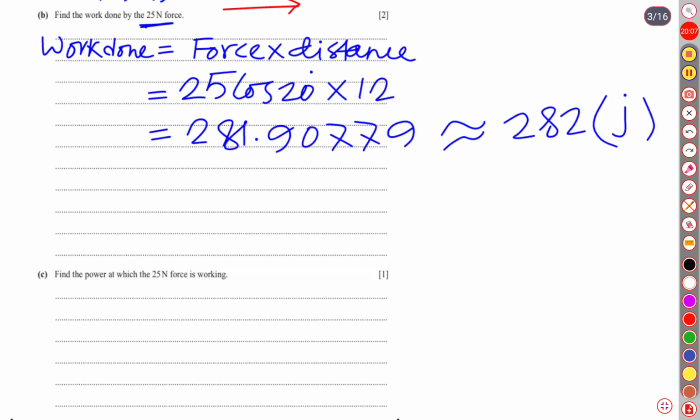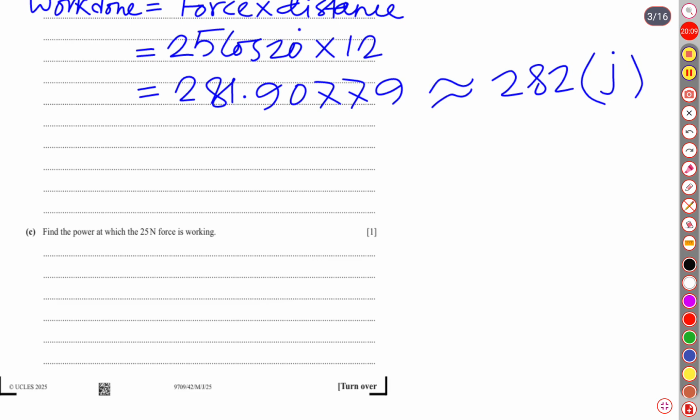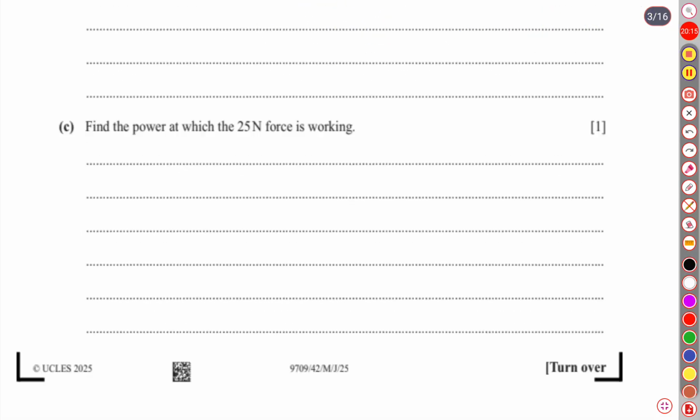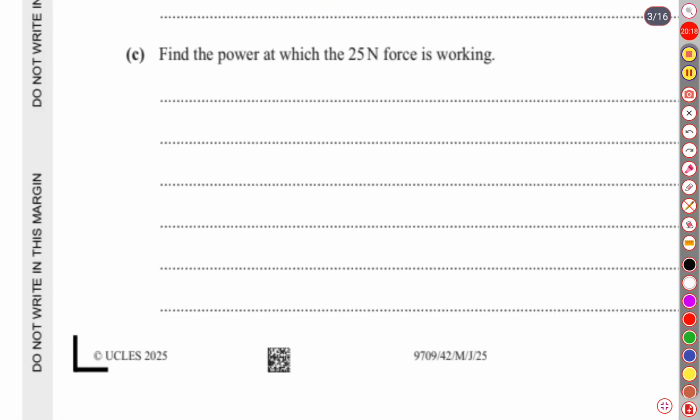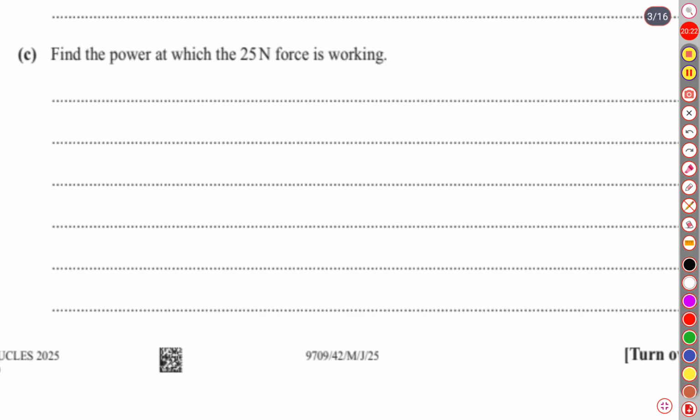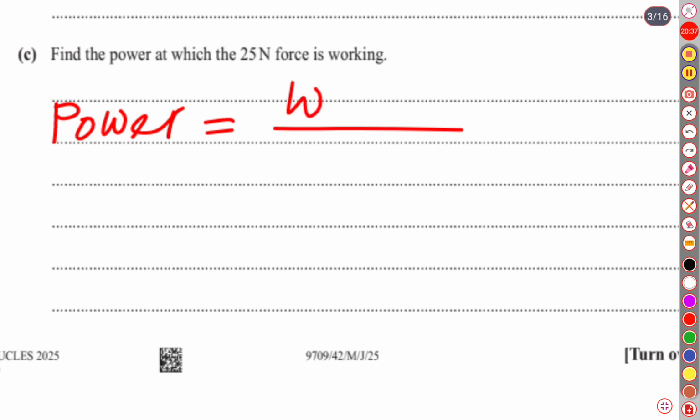Then the next question says, find the power at which the 25 Newton force is working. So power, we know the formula, is equal to work done divided by time taken.